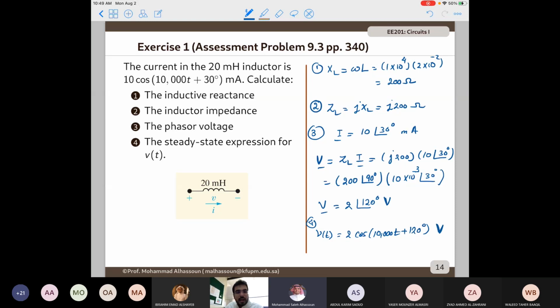So you see that this exercise is very straightforward. All we need to do is, once we write the frequency domain representation of the inductor, we can solve problems in a way similar to what we did in chapters 1, 2, 3, and 4.